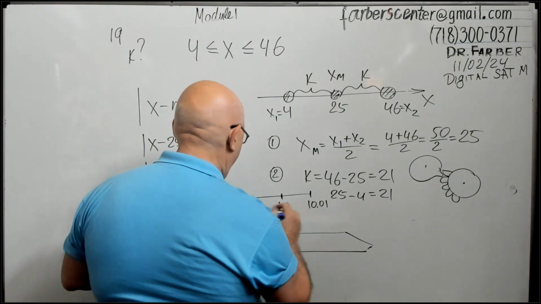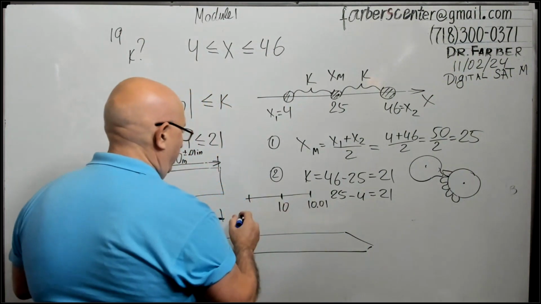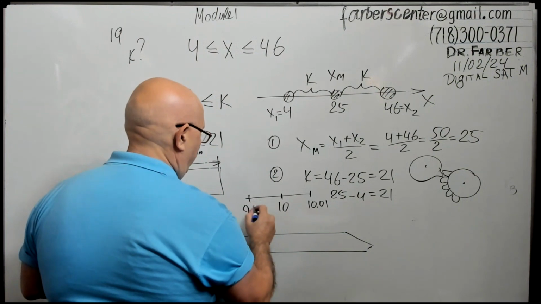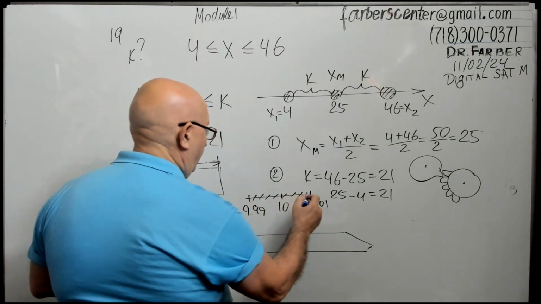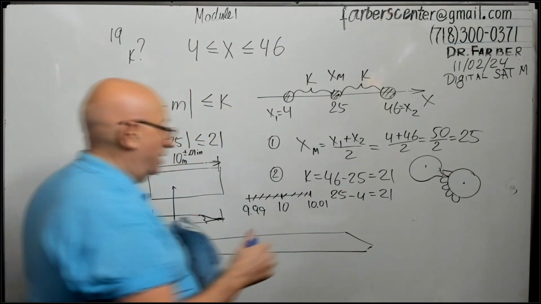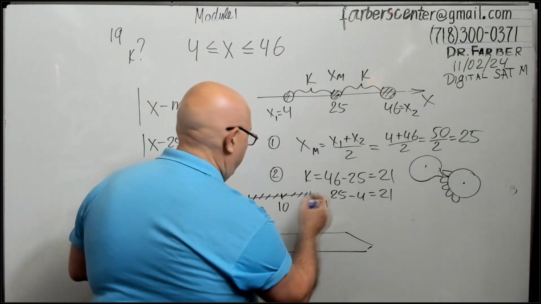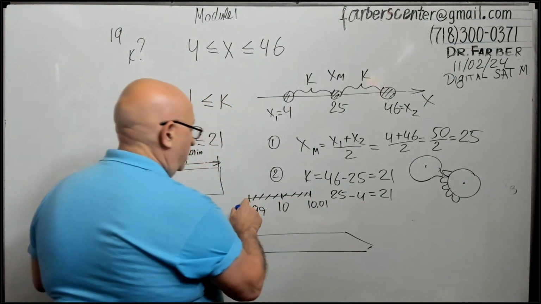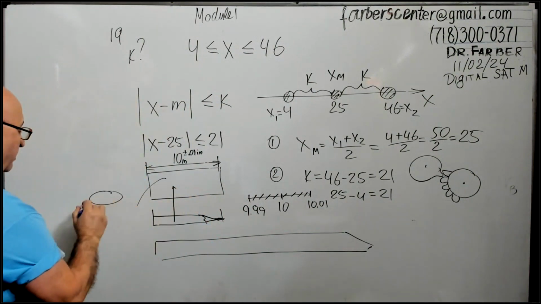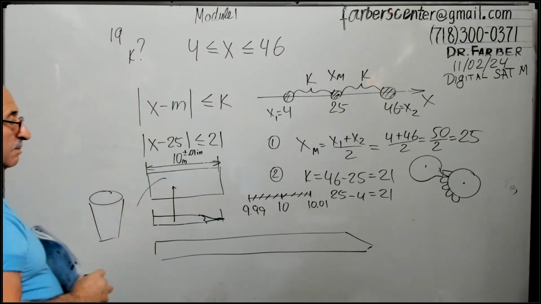This is 10. And if you subtract, it would be what? 9.99. These are the sizes, and people in the control department measure. If you have a little bigger than this or smaller than this, where does this device go? In the garbage can. Okay.